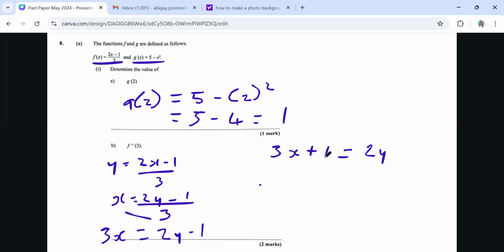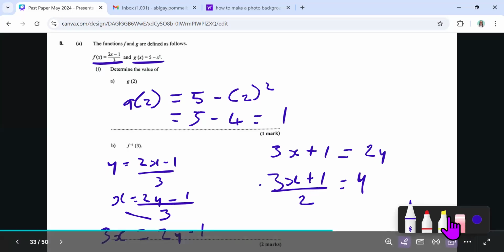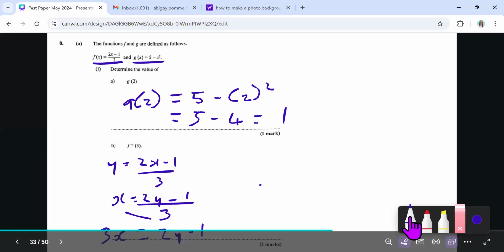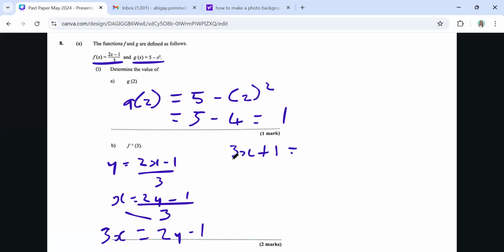And then the 2 is going to divide everything over here, and it will equal y. So 3x plus 1 over 2 equals y.